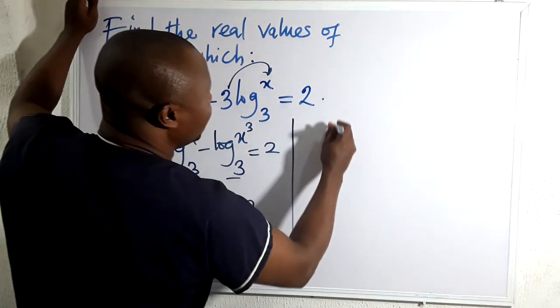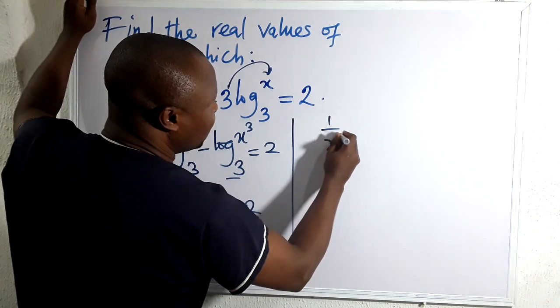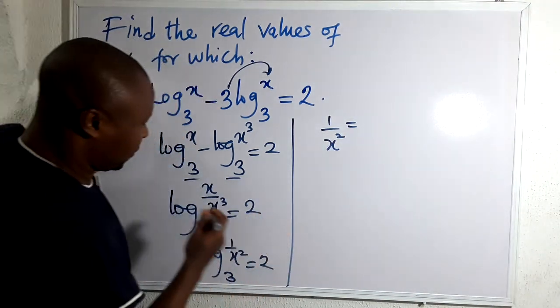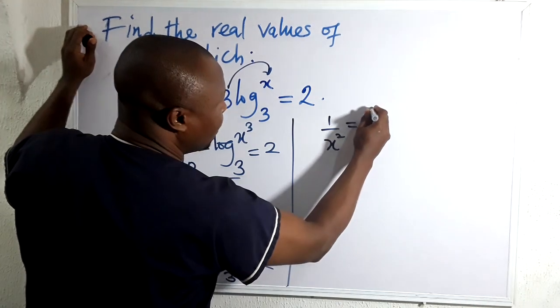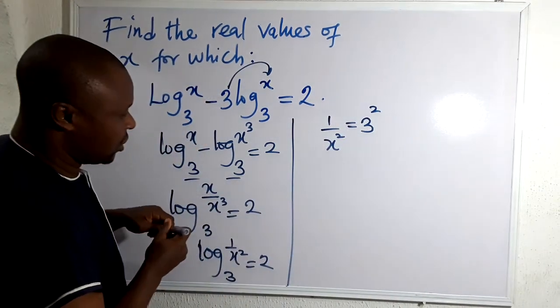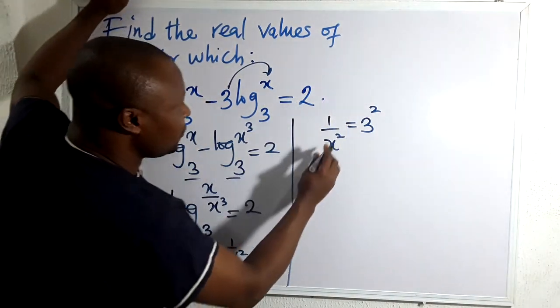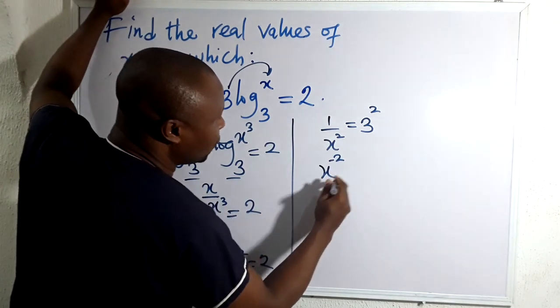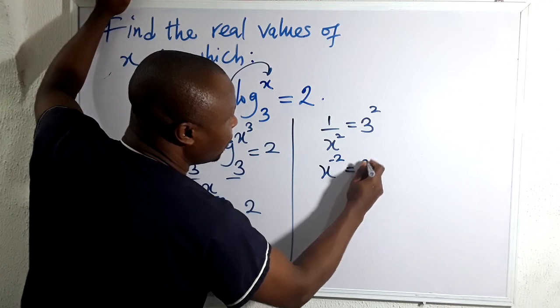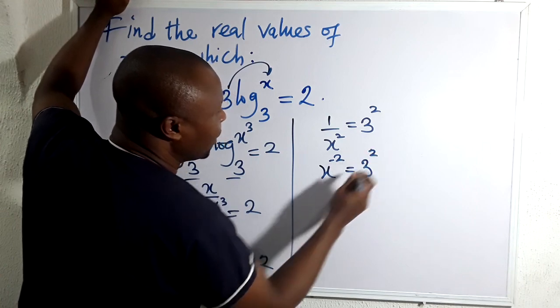So this is going to give us 1 over x squared is equal to 3 raised to power 2. Now if you bring this up, you have x raised to power minus 2 is equal to 3 raised to power 2.